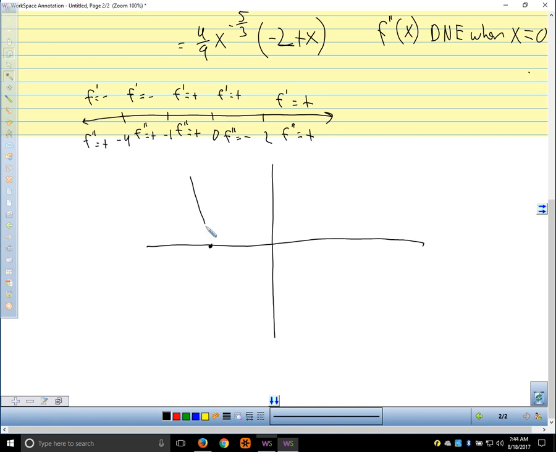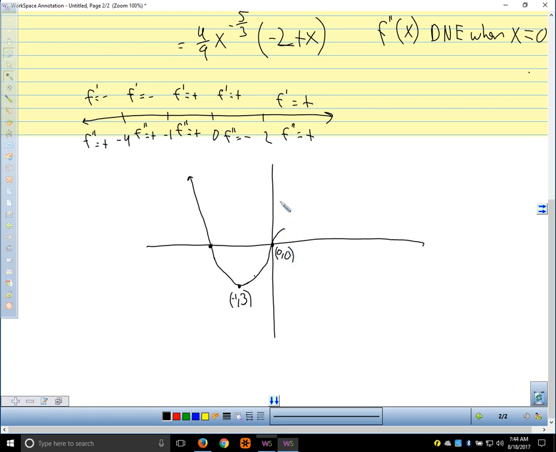So our graph does this. Here at -1, 3, if we plug -1 into our function, we'd see that point is -1, 3. It goes up, and I need to get this going like this. So we have an inflection point there at 0, 0.